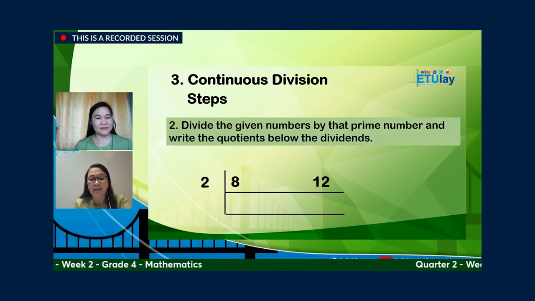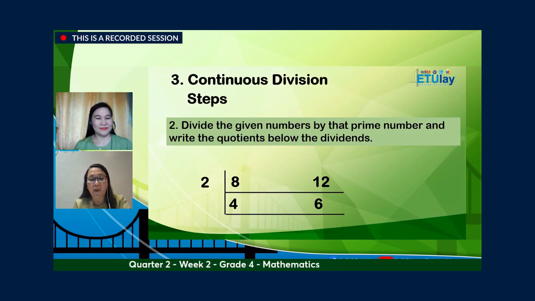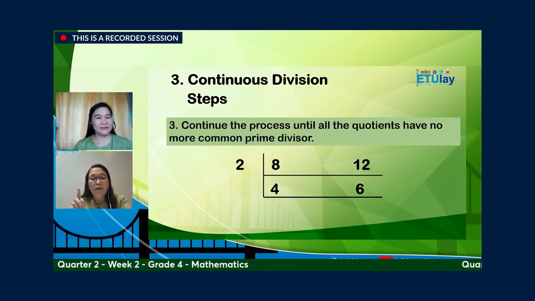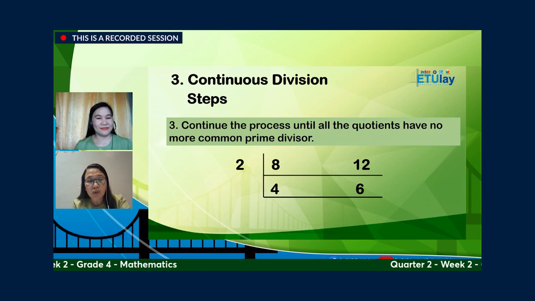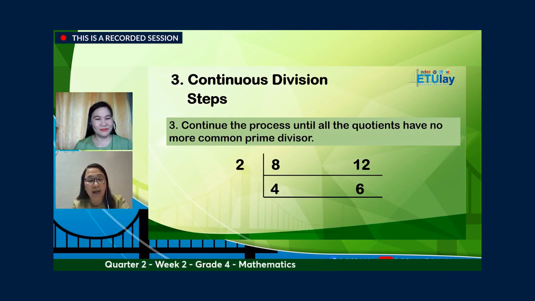So 8 divided by 2 is 4, and 12 divided by 2 is 6. Okay. Next, 4 divided by 2 and 6 divided by 2. We will continue the process until all the quotients have no more common prime divisor.